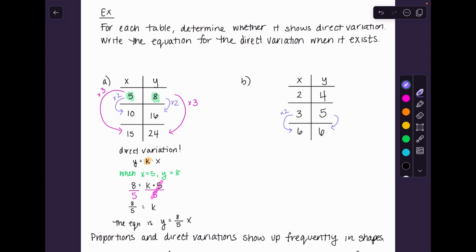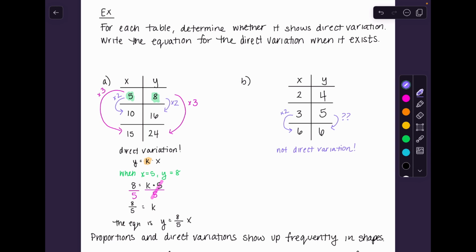So this is not times 2. I really don't know what's happening here. And because of that, immediately I know this is not direct variation. So what happened to the input did not happen to the output, so I don't have that particular scenario going on.